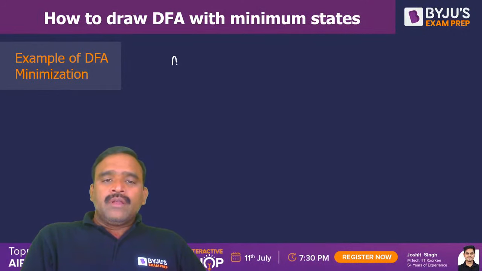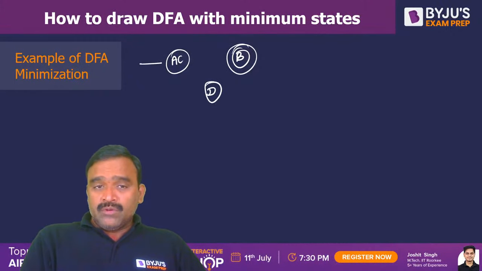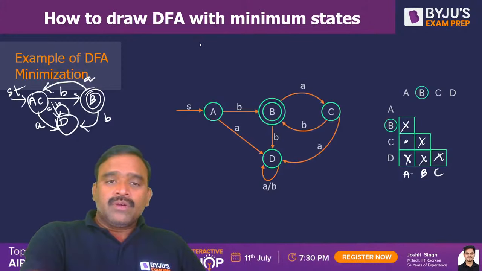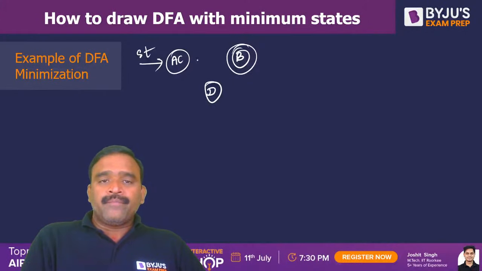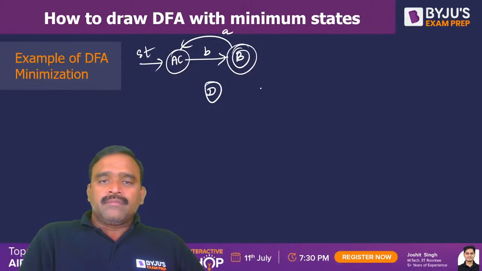For example, AC is there and B is a final state, and only one iteration is over. After one iteration, we found that A is equivalent to C. What are the transitions? B on A, and B on B is D.